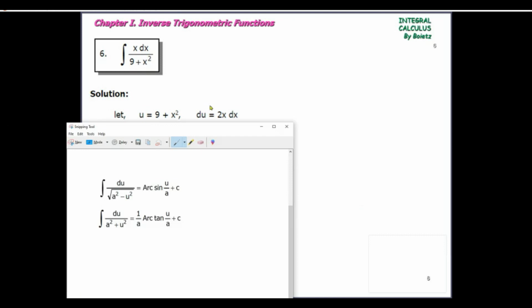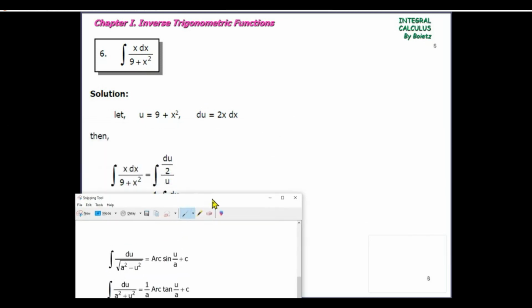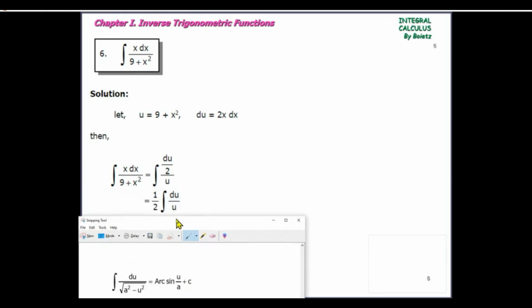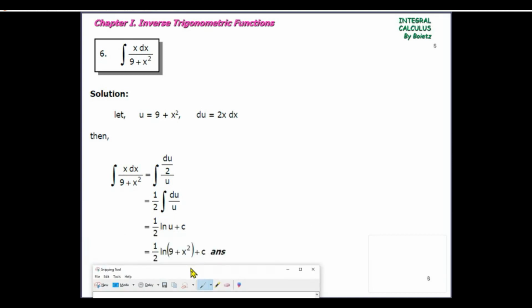So, may x dx ka doon, so du over 2 siya. So, yung x dx is equal to du over 2. Substitute naman. Integral nun is du over 2 over u, or 1/2 integral of du over u, or 1/2 ln of u plus c. Or substitute u, 1/2 ln of 9 plus x squared plus c.